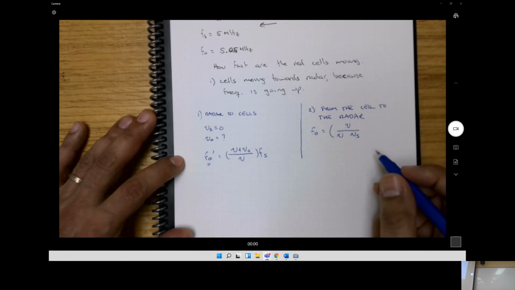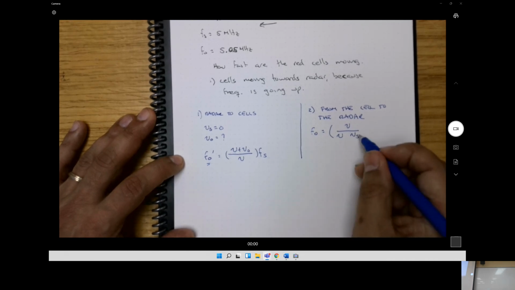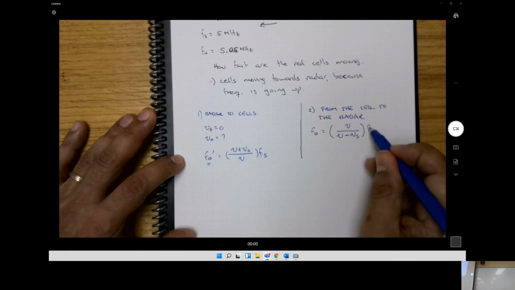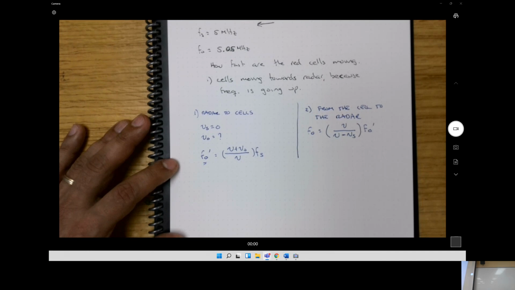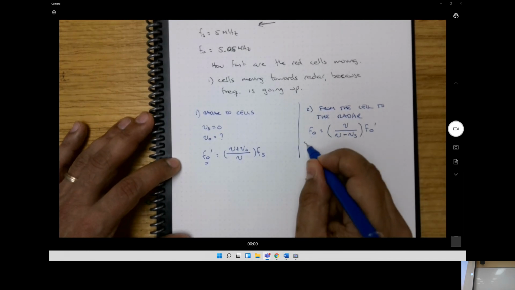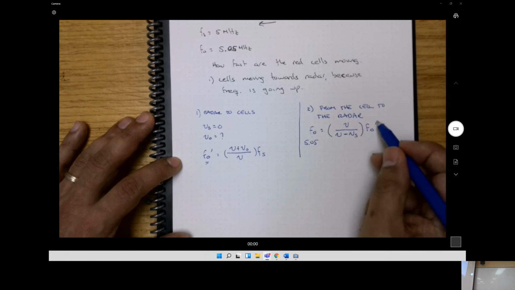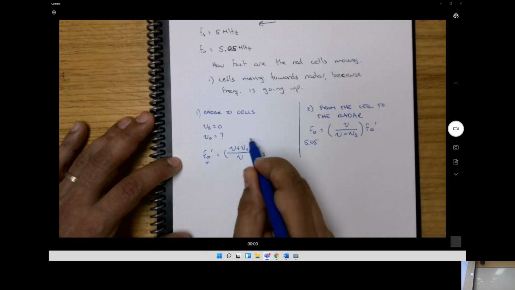My object is 0, my observer is 0. And because I'm moving closer, this is going to be negative. And this is going to be FO prime, the frequency that is bouncing off the cells. Now, I know that this is going to be the 5.05 megahertz. And instead of writing this FO prime, I'm going to write the equation that I have here.